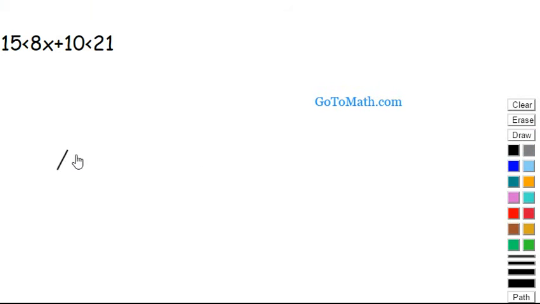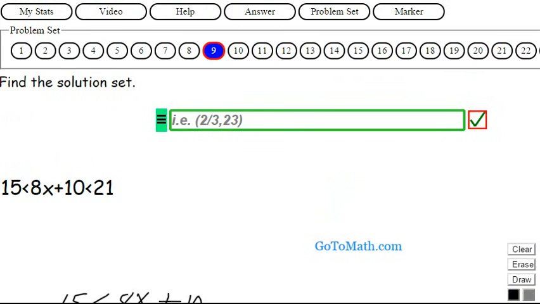So we have 15 is less than 8x plus 10. This looks a lot like the last problem. Let me see here. No, I think that was a minus sign, wasn't it?